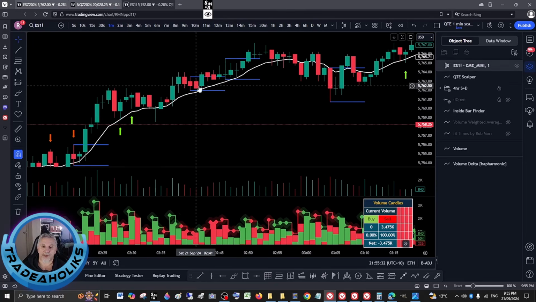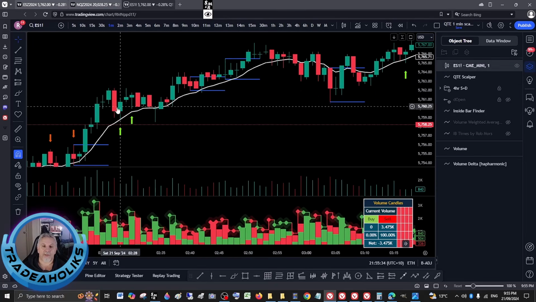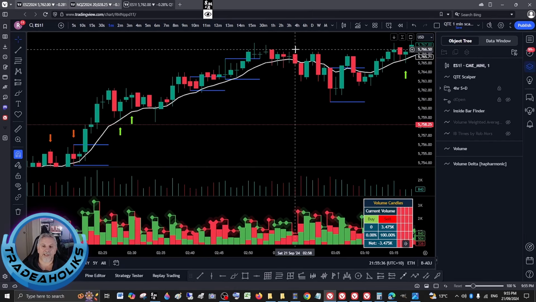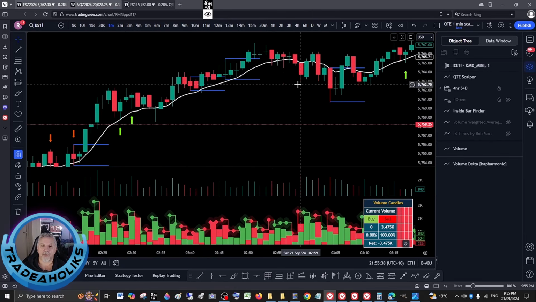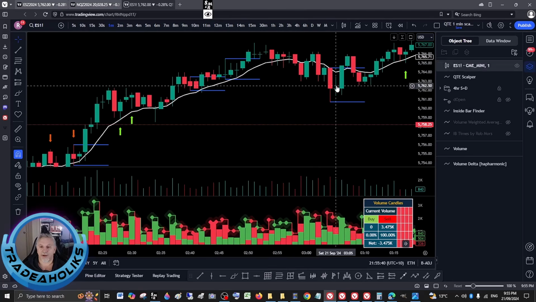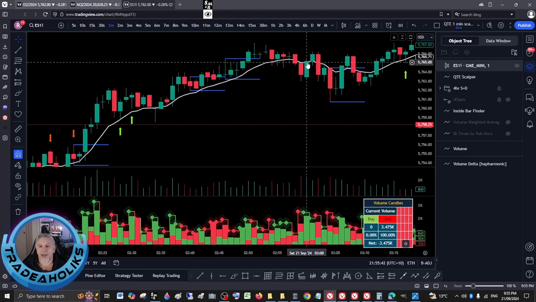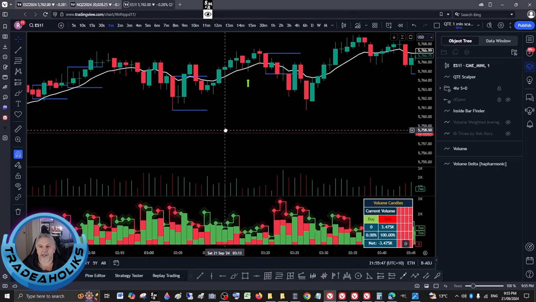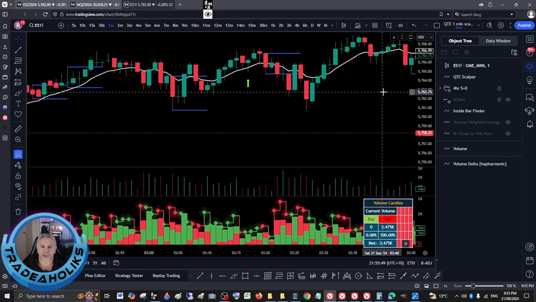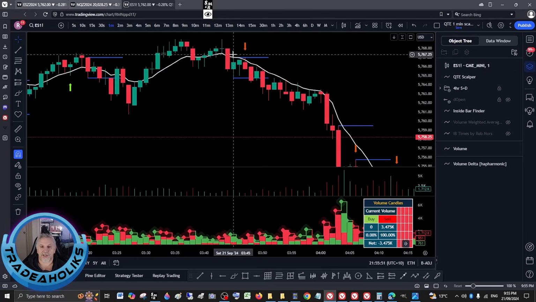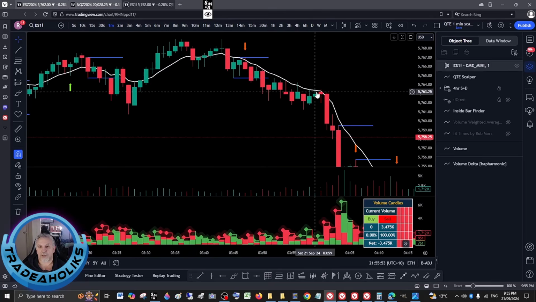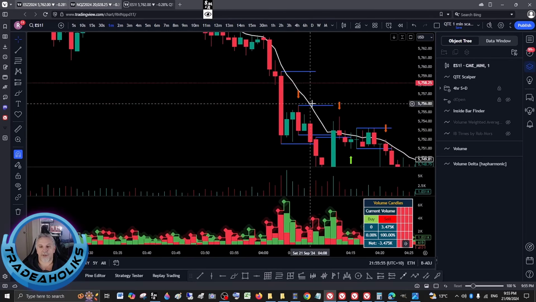When that happens, you wouldn't even be thinking of a short in this case until we had a candle like this, which opened and closed below that line. Okay, only then that can signify a change in direction. Okay, now not all the time, but you use that as a confirmation with other things. So you can see here, it's been holding, no candles opening and closing above that line, okay?